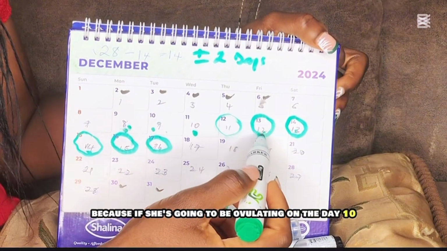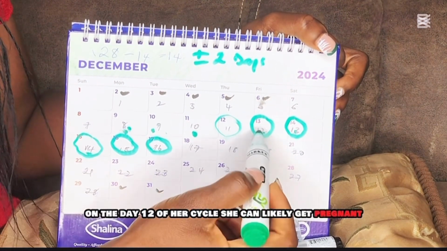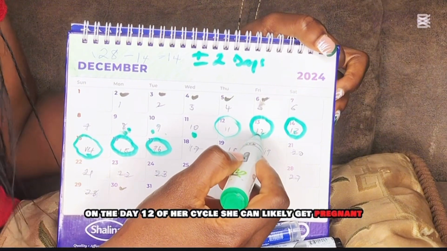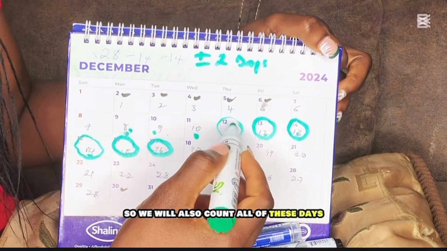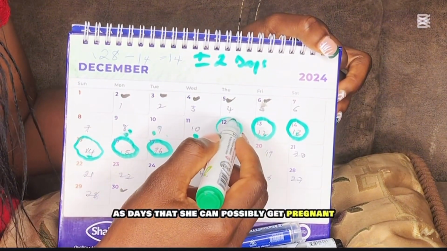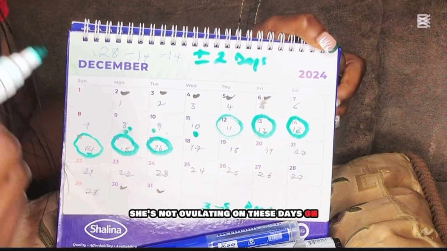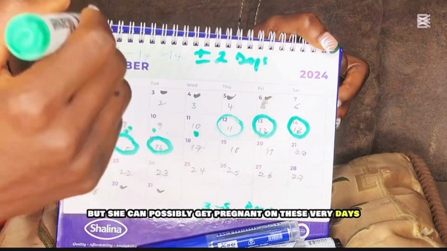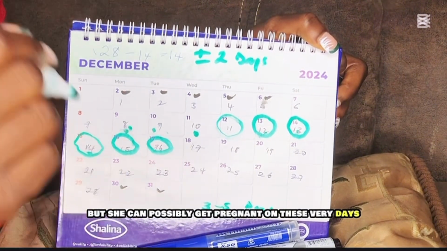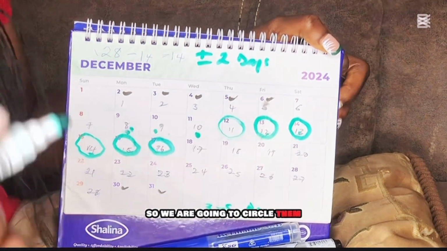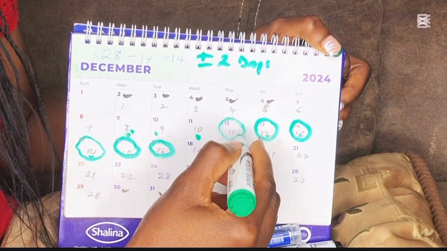Because if she's going to be ovulating on day 10 or day 12 of her cycle, she can likely get pregnant. So we will also count all of these days as days that she can possibly get pregnant. She's not ovulating on these days, but she can possibly get pregnant on these very days. So we are going to circle them.